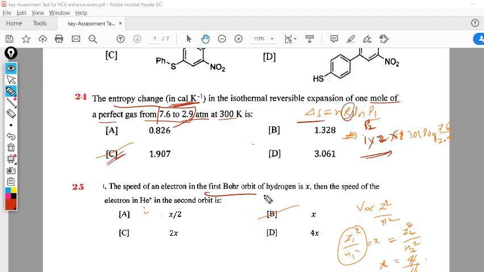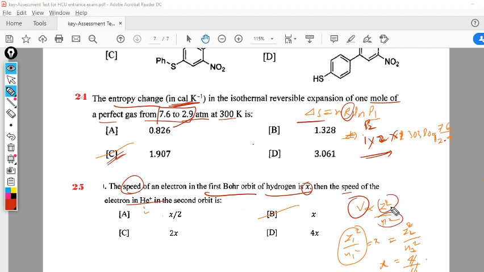The first Bohr orbit of hydrogen is x. It is the speed of the first orbit. Asked for the speed of helium. So velocity is proportional to the atomic number divided by the orbit number.